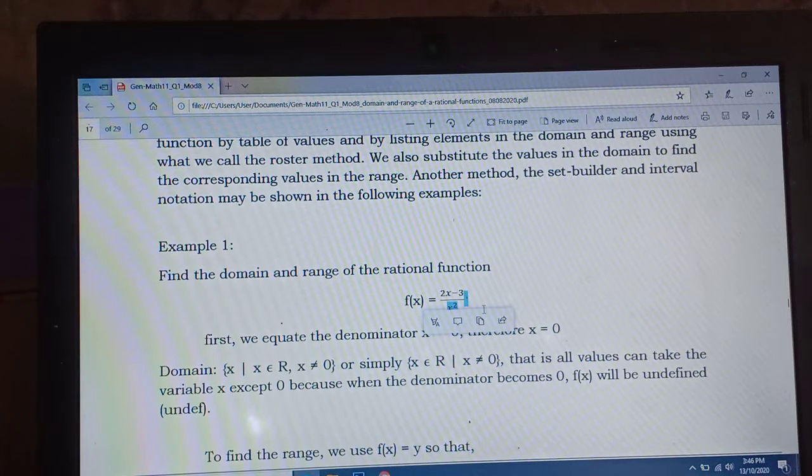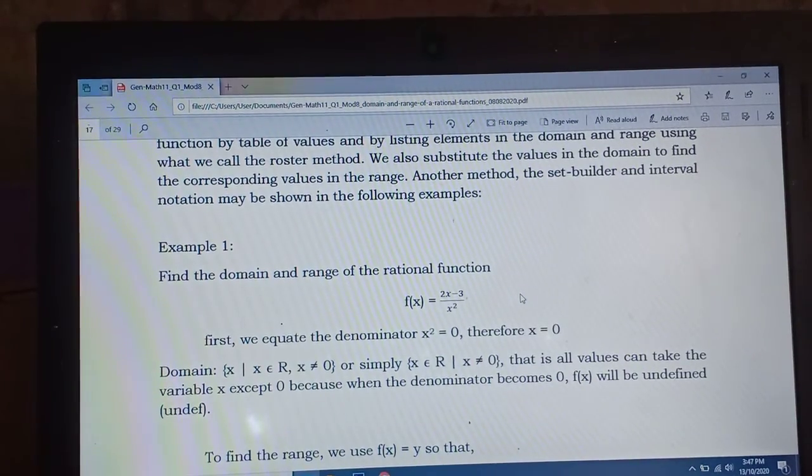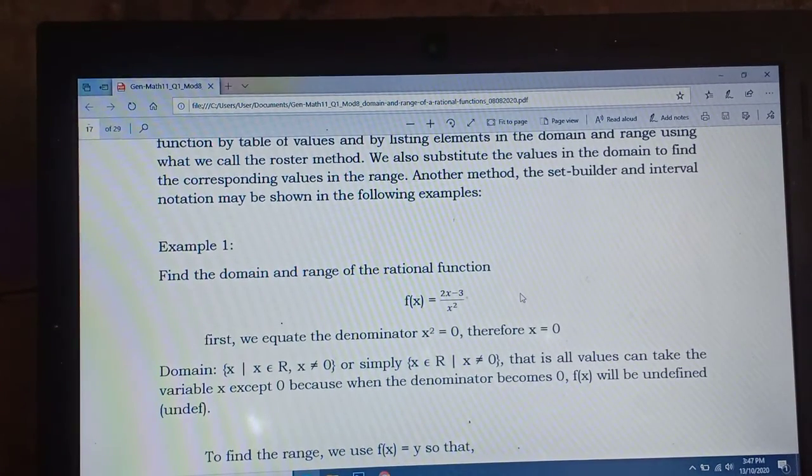When you say domain, permissible values of x, we know that the denominator should not become 0. So we assume that all real numbers belong to the domain, but we have some restriction.